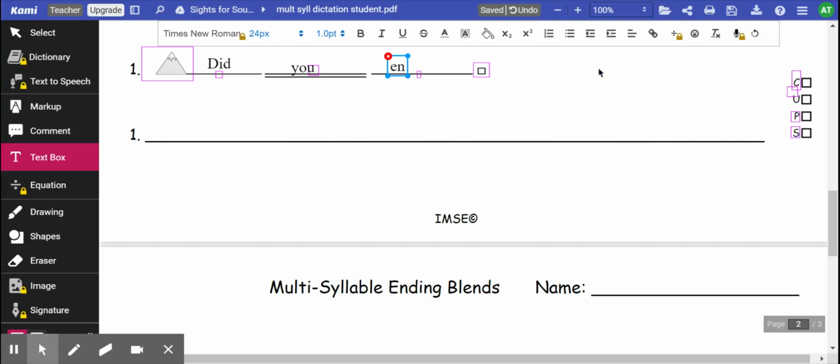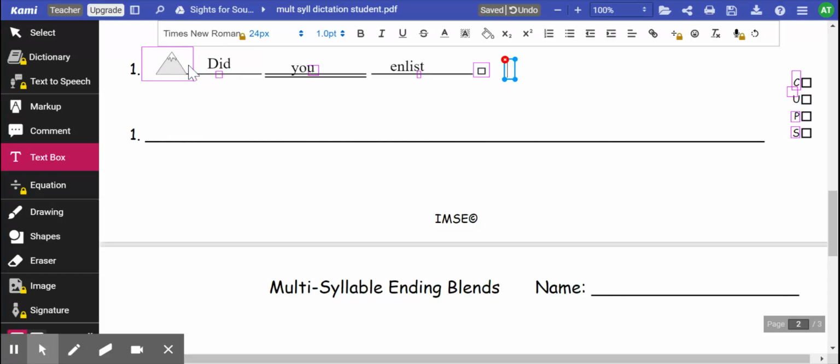List. So list is L says L, I says I, and st is S-T. So S-T in list.